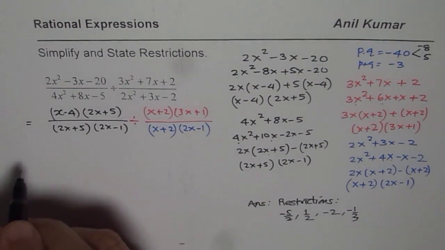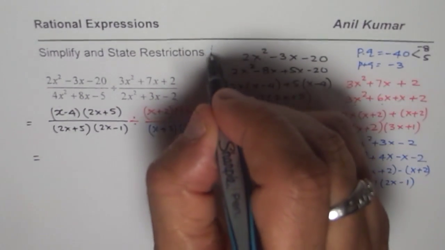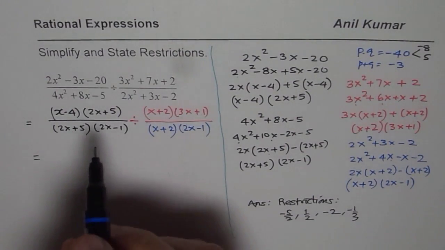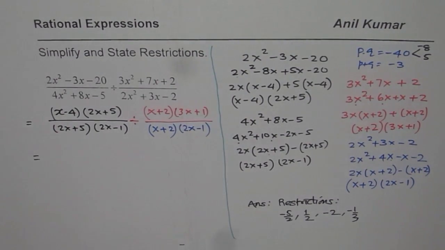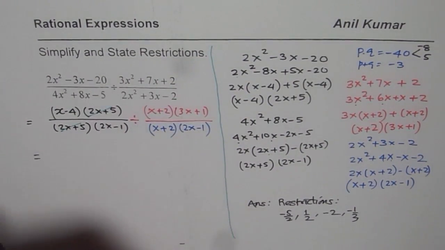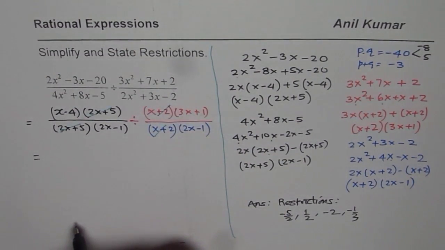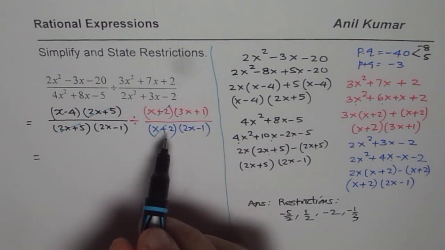So now let us continue simplifying. So we have done the restrictions part first, since after simplifying sometimes you may lose some of the values, right? Now let's simplify. Look for things which can be cancelled. In this case we have 2x plus 5 and 2x plus 5 common, they can be cancelled. Then we have x plus 2 and x plus 2 common, which can be cancelled, right? Now, okay, actually I did a wrong thing here.